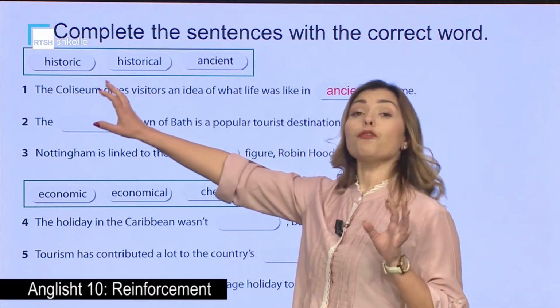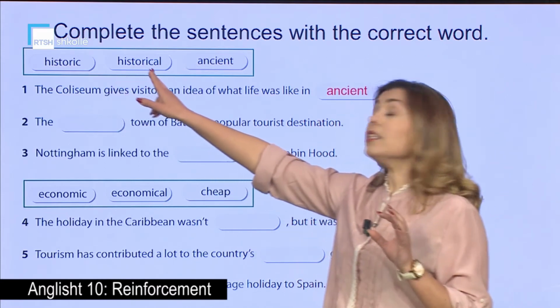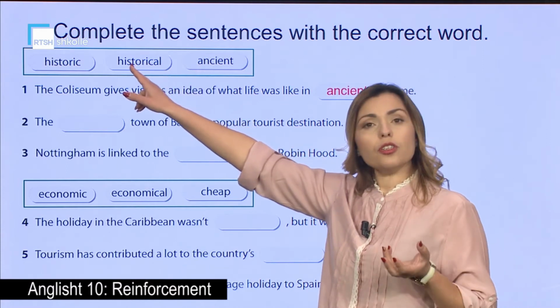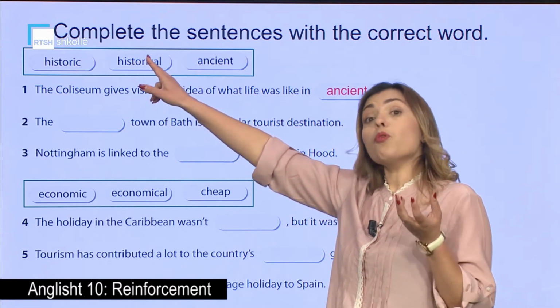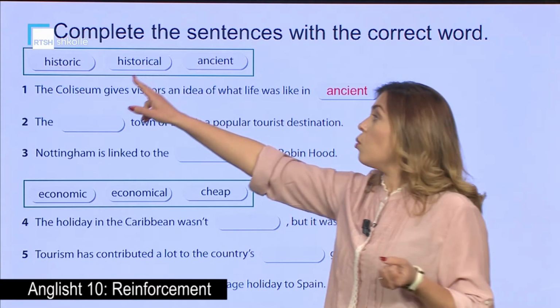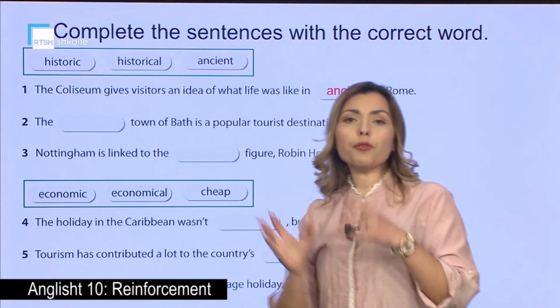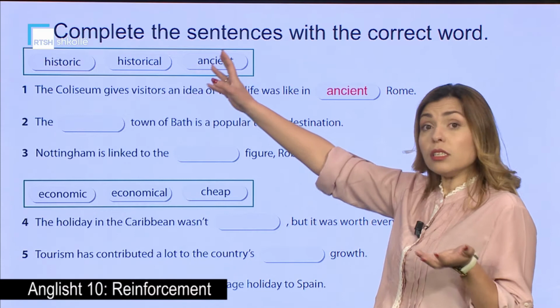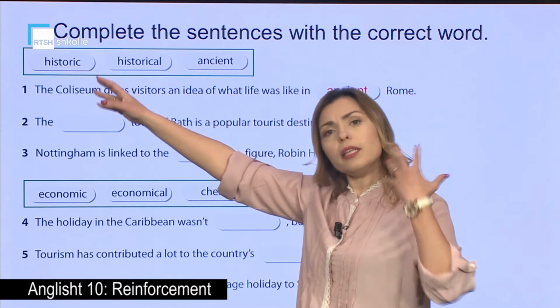Now we have the difference between historic and historical. Historical refers to a very important person or thing of the history, whereas historic simply refers to the past, but not ancient. Ancient doesn't exist anymore, whereas historic is in the past.